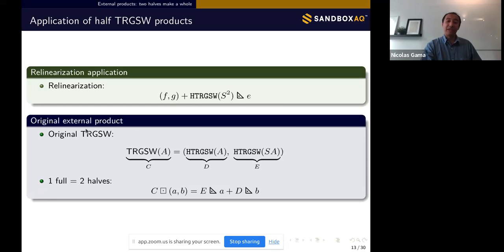And of course, in the original external product, one full GSW ciphertext is just composed of two half GSW ciphertexts, D and E, and the full external product is just the sum of the two halves. So here, that's beautiful on paper, but maybe it's just syntactic.